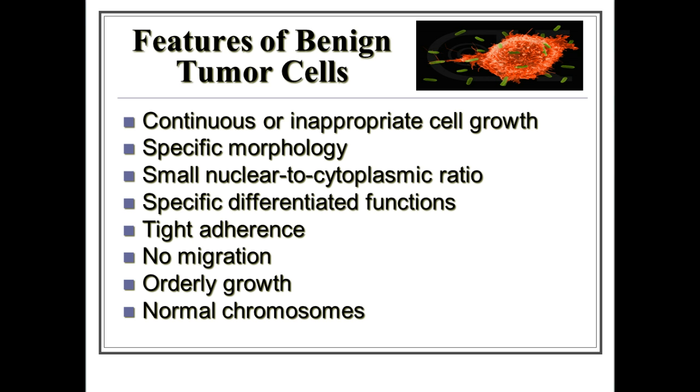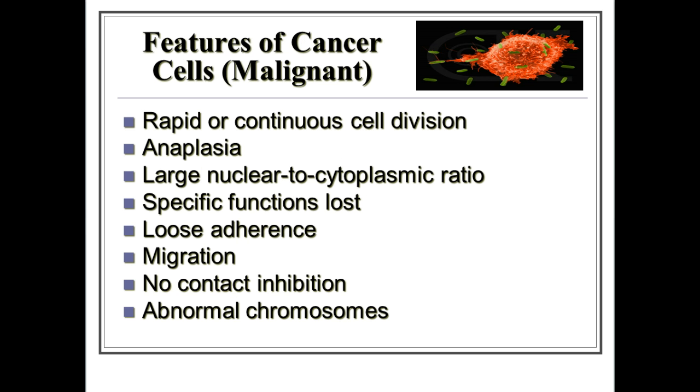It has a small nuclear to cytoplasmic ratio, specific differentiated functions, tight adherence, no migration, orderly growth, and normal chromosomes. So those are the features of a benign tumor cell, and it's almost just like what one would call a normal cell.